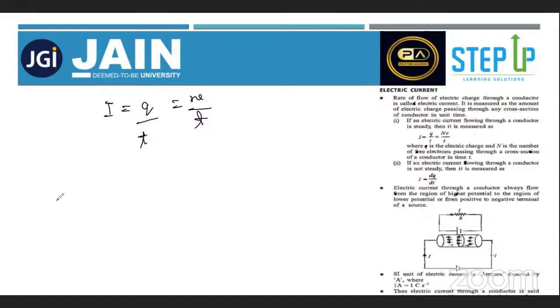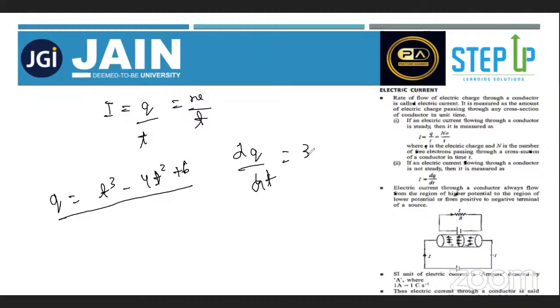For example, if I have Q equal to t cubed minus 4t square plus 6, and they ask you to find the time where the direction of the charge flow changes, you just do dq by dt. It will give you 3t square minus 8t. To find the time at which the direction changes, you take 3t square minus 8t and equate it to 0. This will give the value of the time when the direction of the current changes.